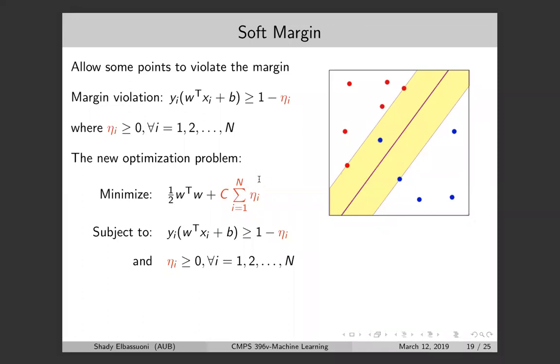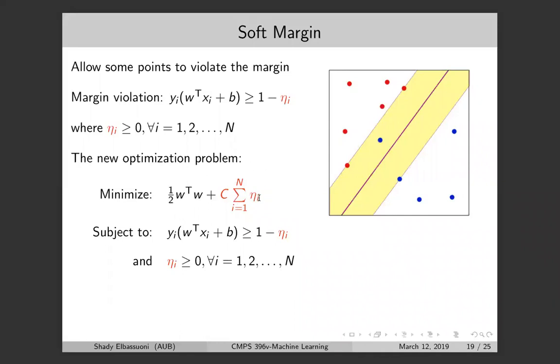These are the violations, and I want to minimize the sum of these violations, the amount of violation. Subject to what? Subject to this thing being greater than or equal to 1 minus eta i, and eta i greater than or equal to 0 for every point i equals 1 to n. So I only added this.